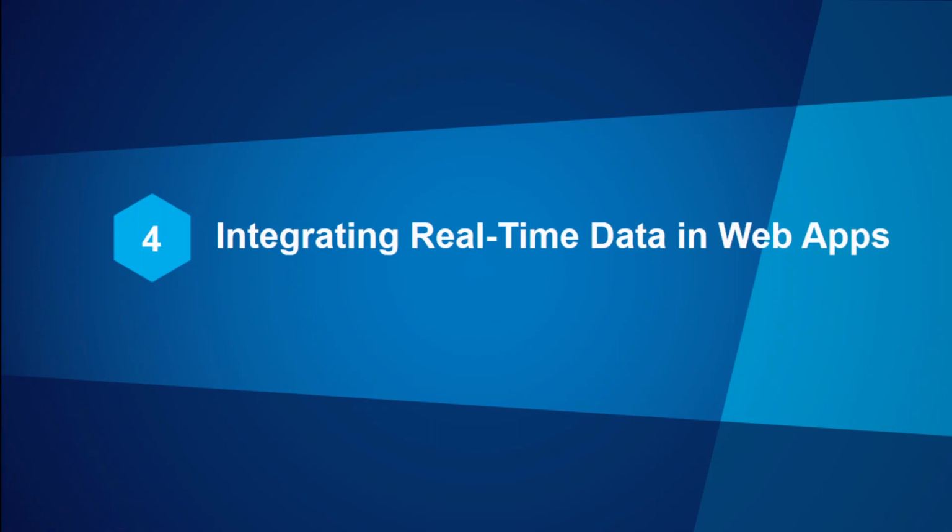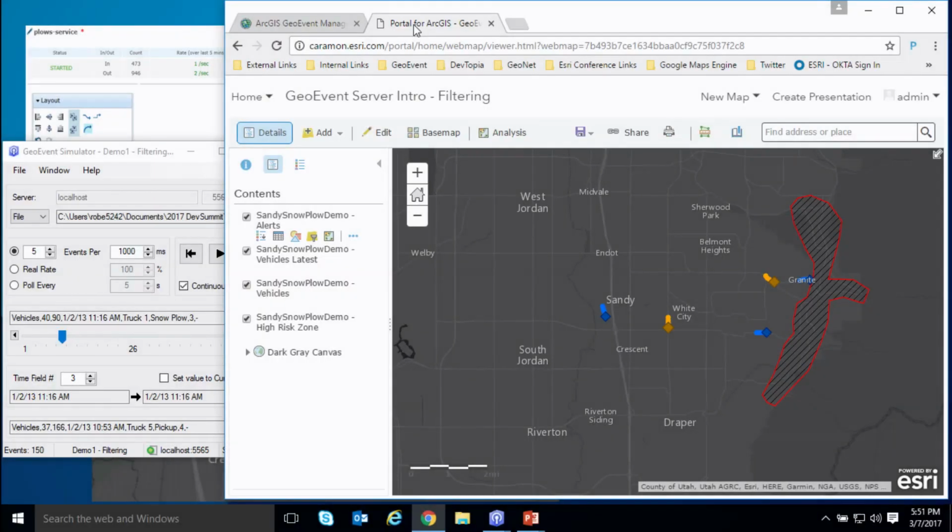Actually, hold on one second. Sorry about that. I had a filter actually in place that was discarding all of the data. That's why nothing was showing up on the map.